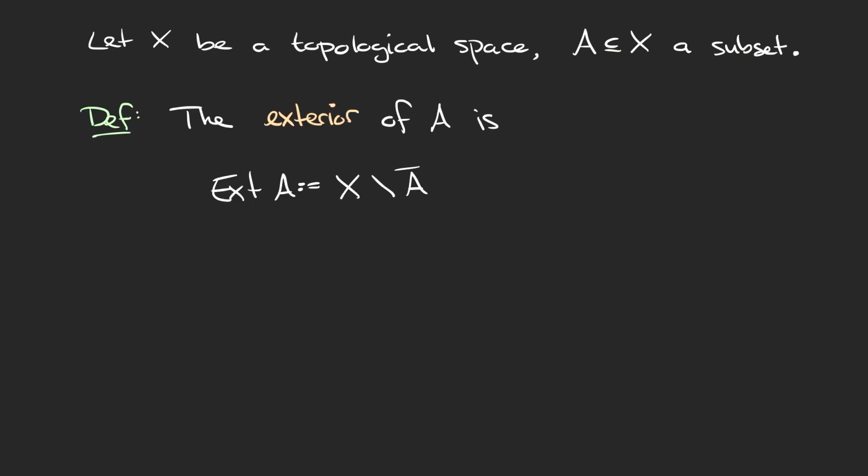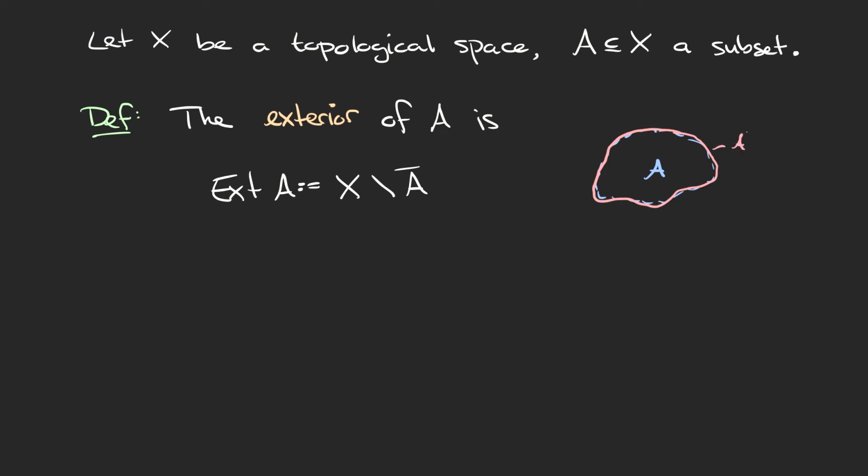With these definitions in place, it's now also possible to define the exterior of A, and we say that the exterior of a set A is just the complement of its closure. If I draw A sort of suggestively with this dotted line to suggest that it's like an open set of R2, then its closure would be the set that we obtain by closing off this set.